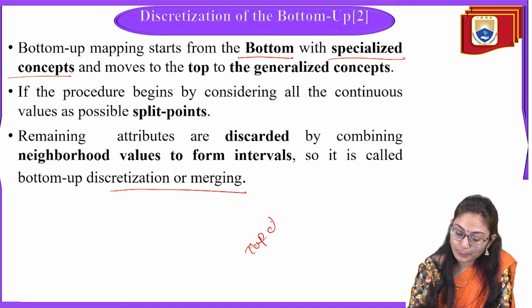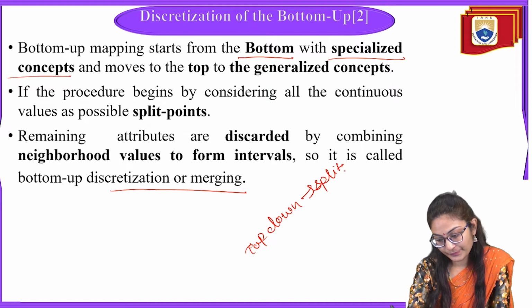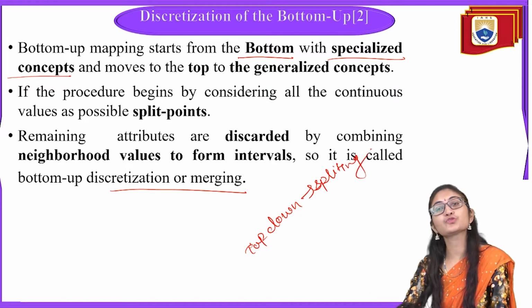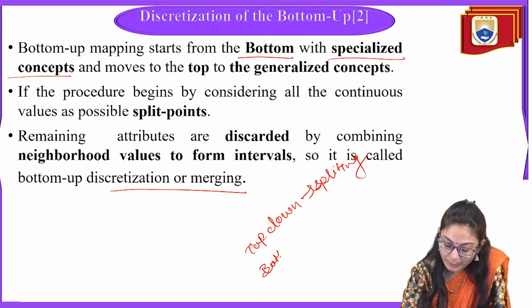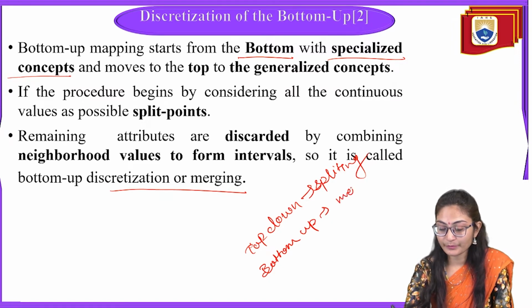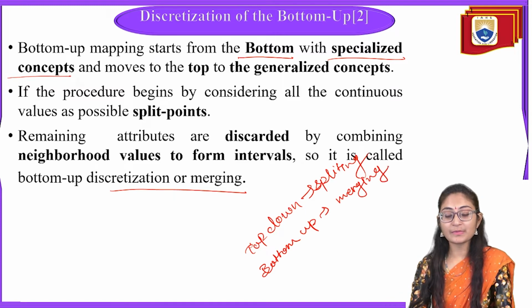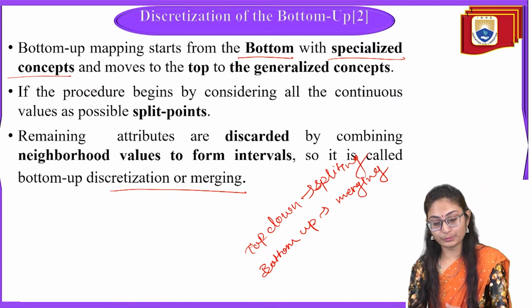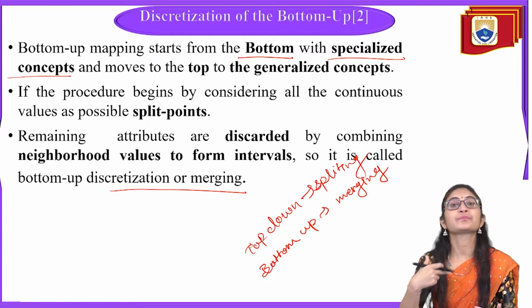I already told that in the top down approach you are splitting your data, and when you are using the bottom up approach you are merging your data. That means in discretization of bottom up, you start from the bottom and go to the top.